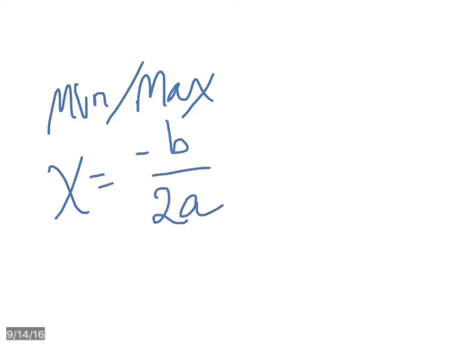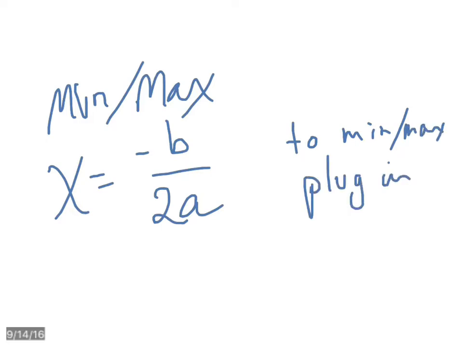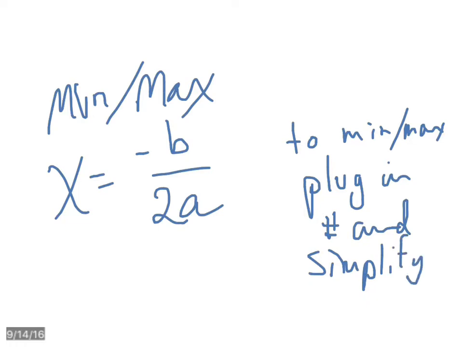That should be the first thing that you do. And then to actually find that minimum or maximum, what do you do with that number? Yeah, you plug it in. And then to find min or max, plug in number and simplify. Okay?